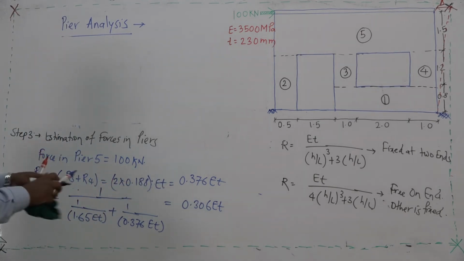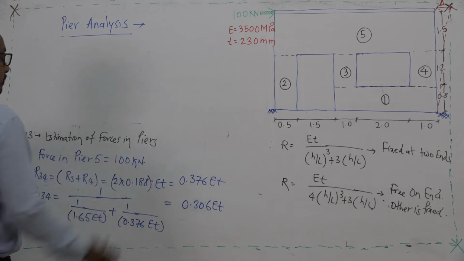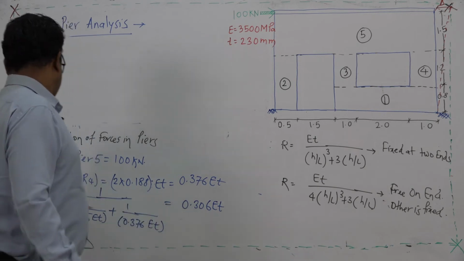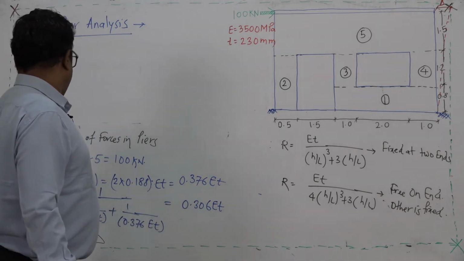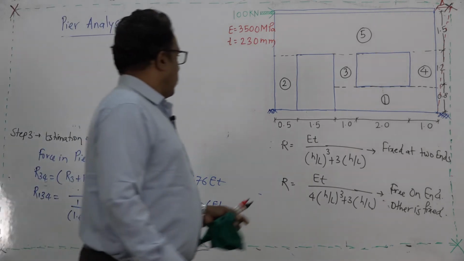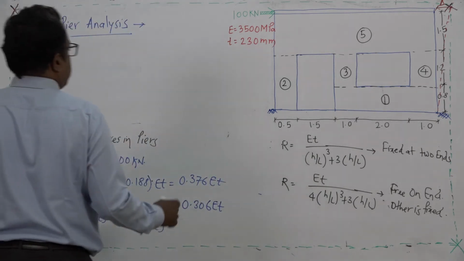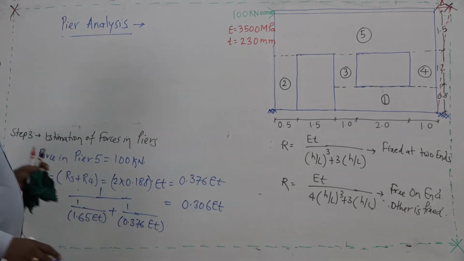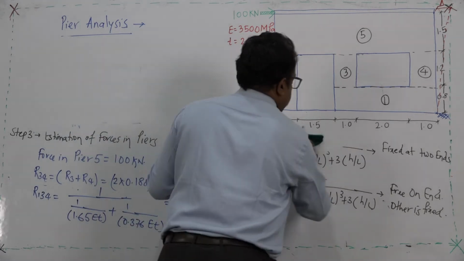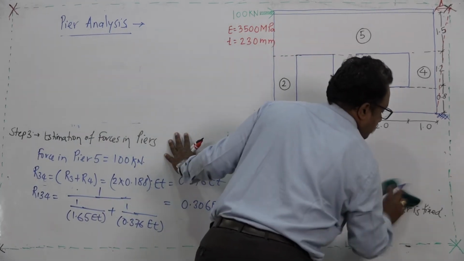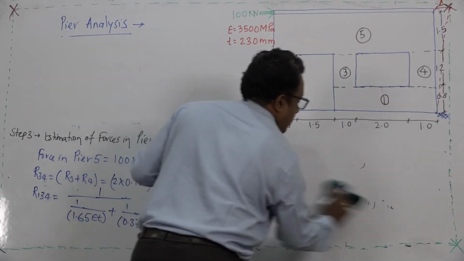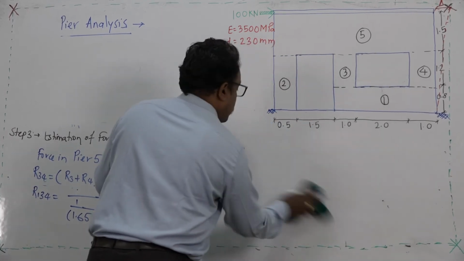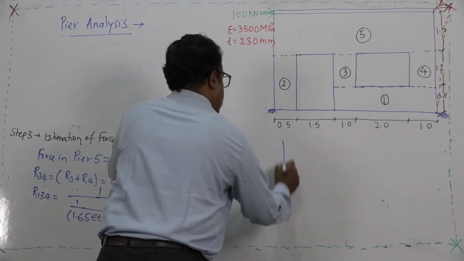So, our interest is to find the force in pier. So, 0.306 for R134, so that diagram is required. Therefore, I will use this place to redraw the diagram one more time.